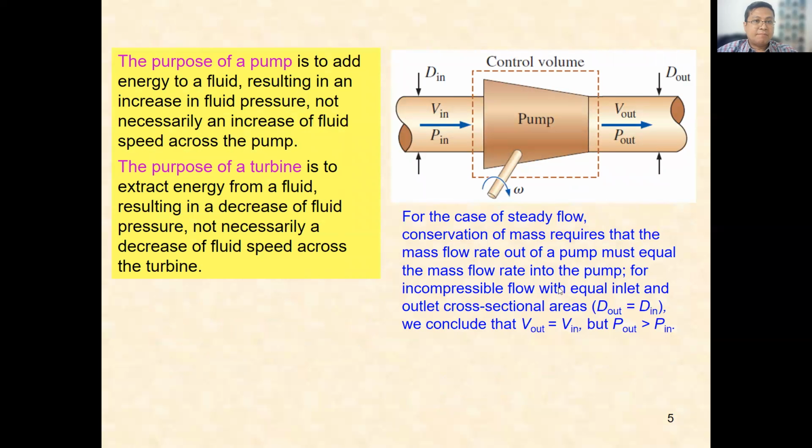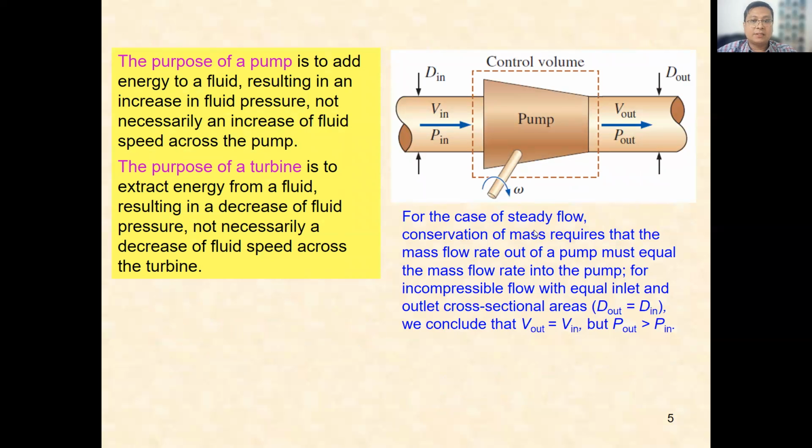So the purpose of the pump is to add energy to the fluid, resulting in an increase in fluid pressure, not necessarily an increase of fluid speed across the pump. The purpose of the turbine is to extract energy from the fluid, resulting in a decrease of fluid pressure, not necessarily a decrease of fluid speed across the turbine.